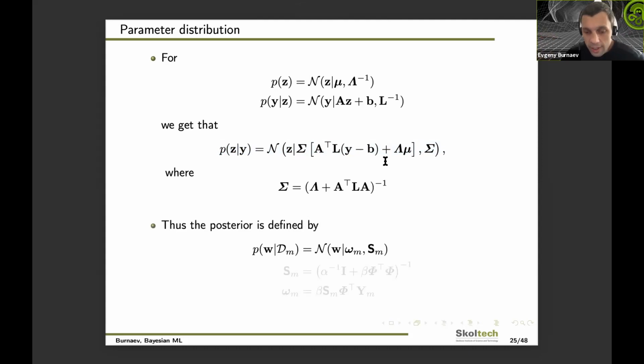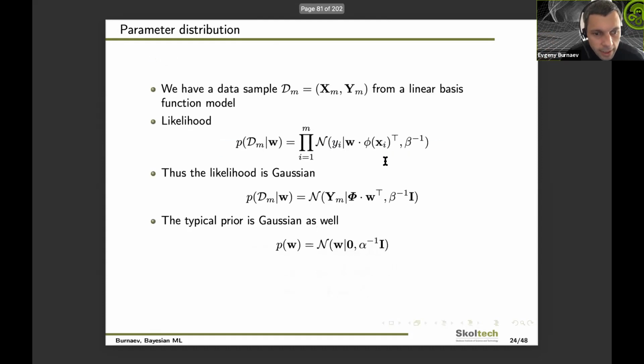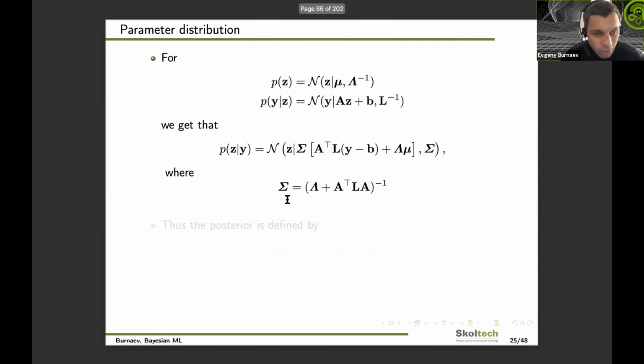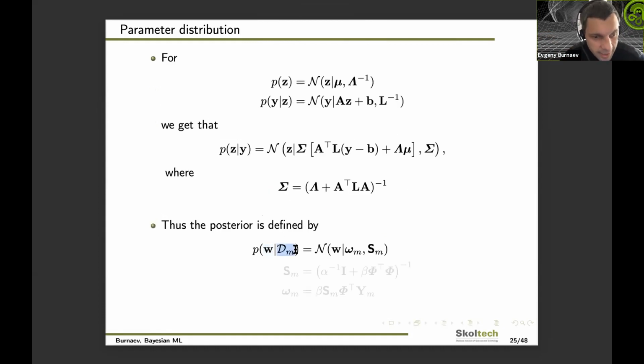And so this is why, if I assume that the distribution of data given W is Gaussian and the prior distribution of W is Gaussian, then it's obvious that the posterior distribution of W given the data set is also Gaussian.